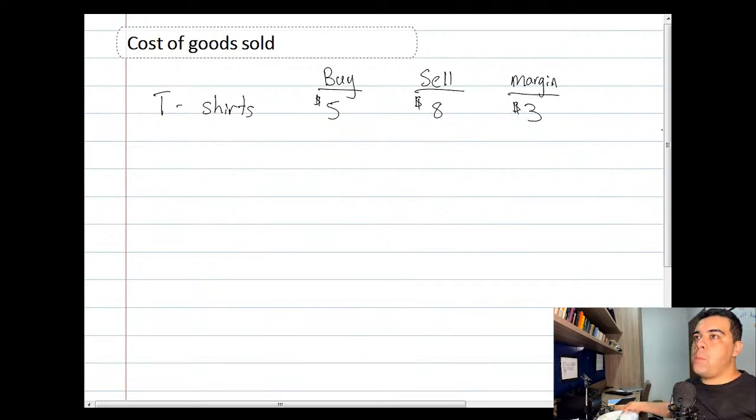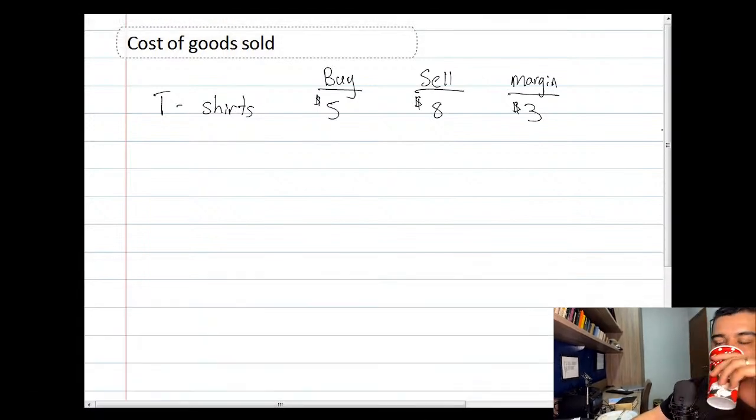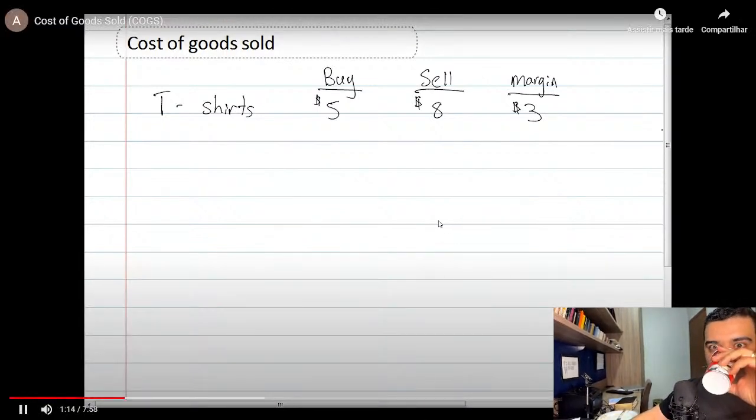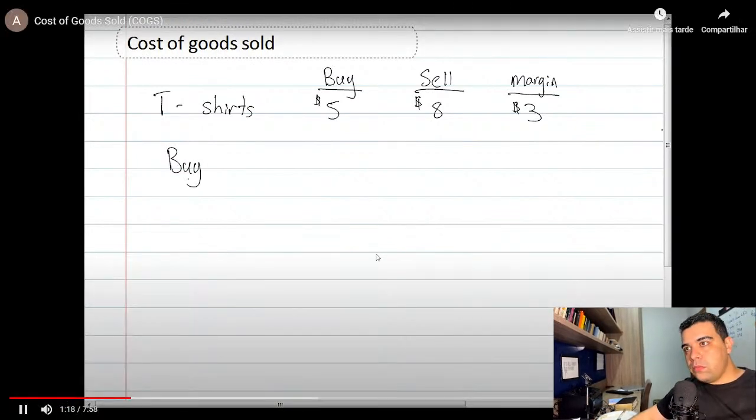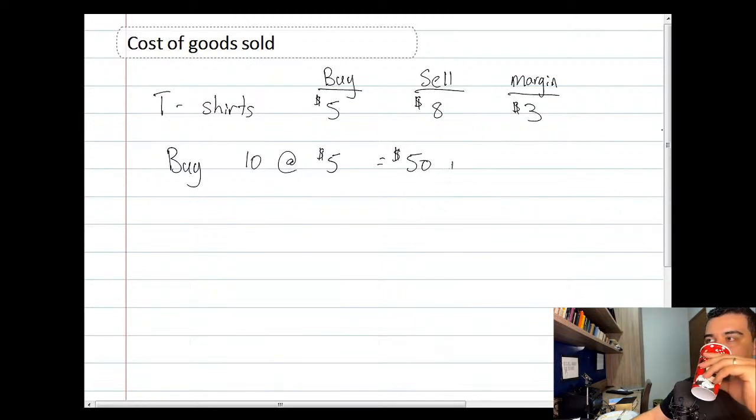Let's assume that this is a new business, and at the beginning of the month I decide to buy 10 t-shirts which I hope to sell. So I'm going to buy 10 at my cost, which is $5, which equals $50 in purchases.